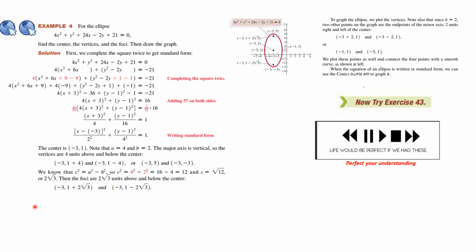And so the foci are 2 square root of 3 units above and below the center because they're along the major axis. So you can graph the ellipse and get this. And if you want to try one of these problems, you could try number 43. You know the controls, what to do and when to do it.